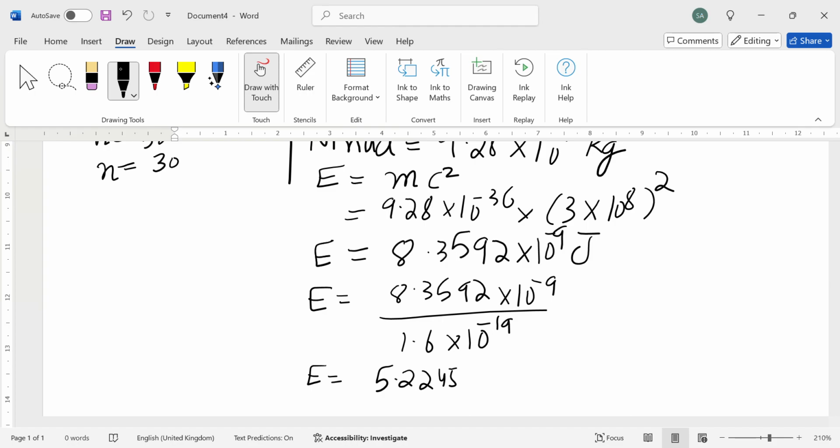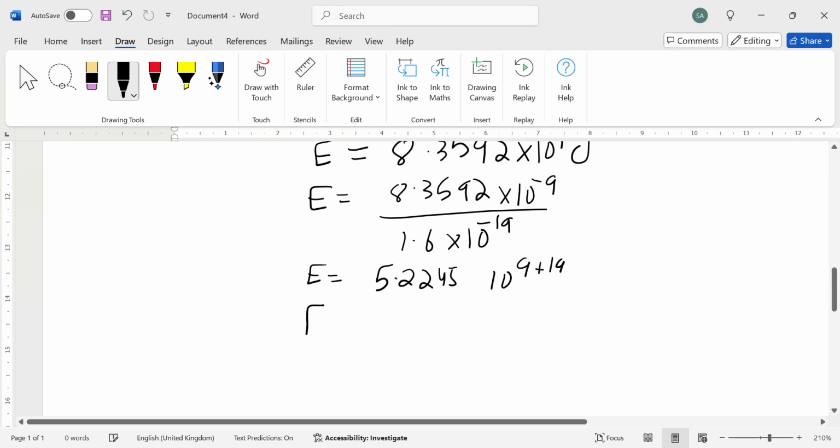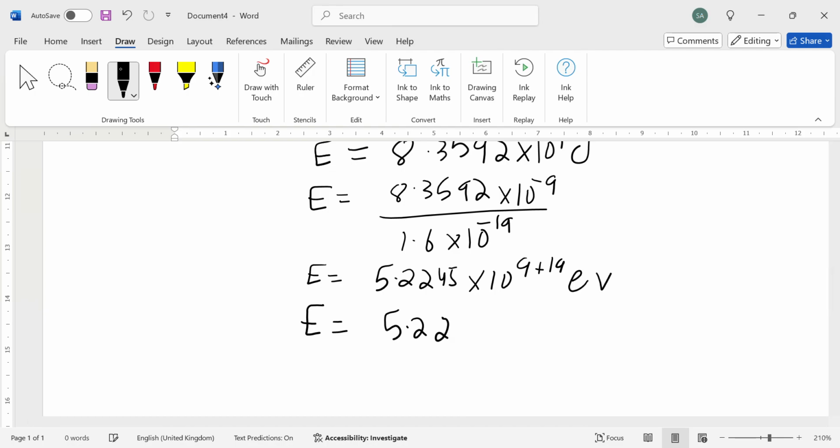When you move it upwards, it becomes 10 to the power positive 19. Negative 9 plus positive 19, you would have E equals 5.2245 × 10^10 electron volts.